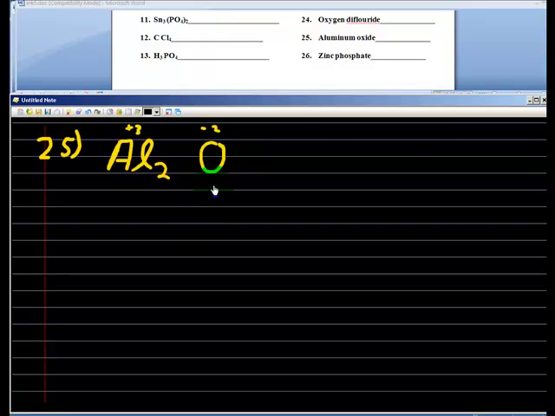So I would need a second oxygen to absorb 2 more, but there's still 2 left. So I need 3 oxygens to absorb the 6 electrons coming from those 2 aluminum atoms. And so this, therefore, would be aluminum oxide.